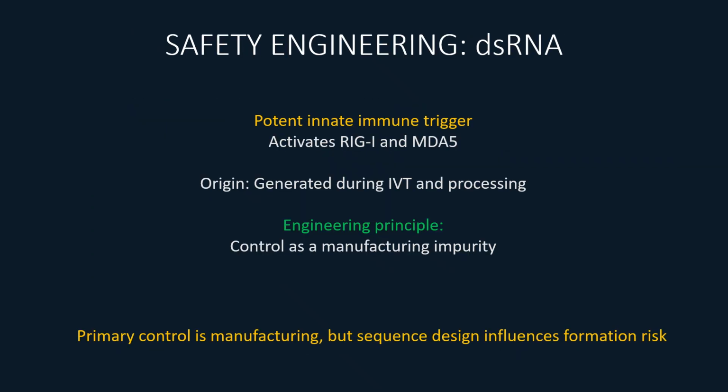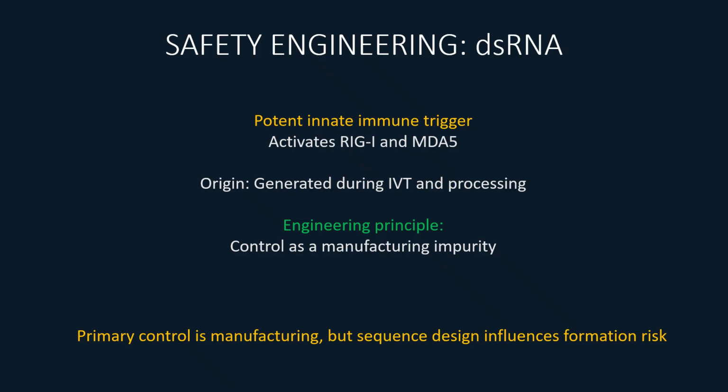So double-stranded RNA is one of the strongest innate immune triggers in IVT mRNA. We usually think of it as a manufacturing impurity, because we remove it through purification processes. But one thing we need to know is that the formation is not purely random.